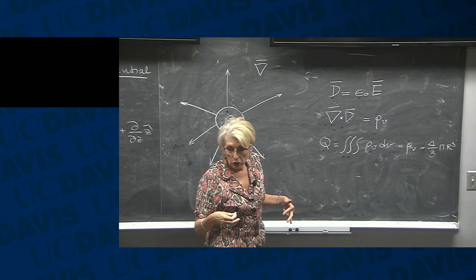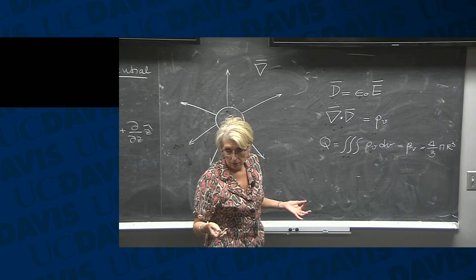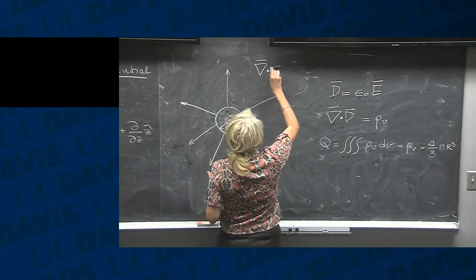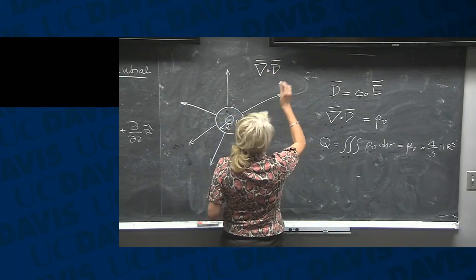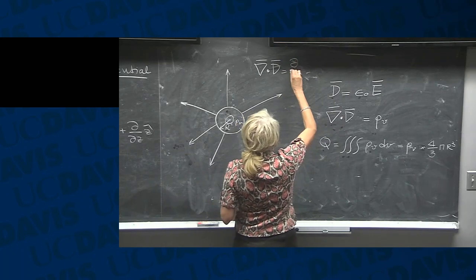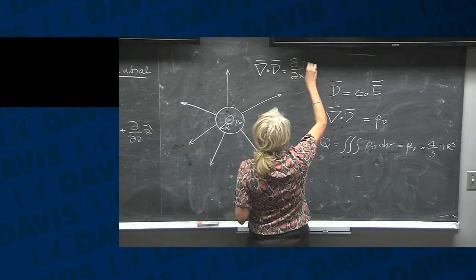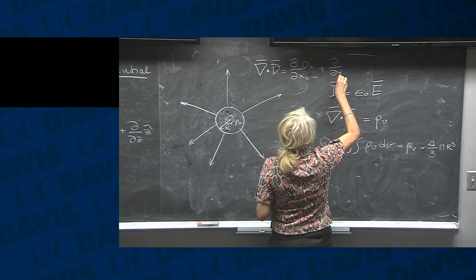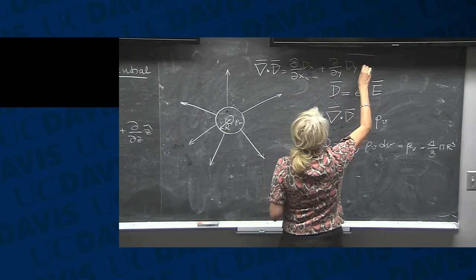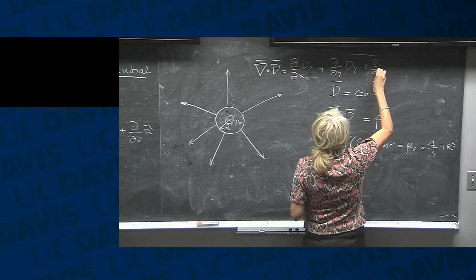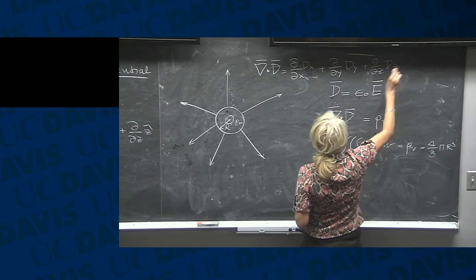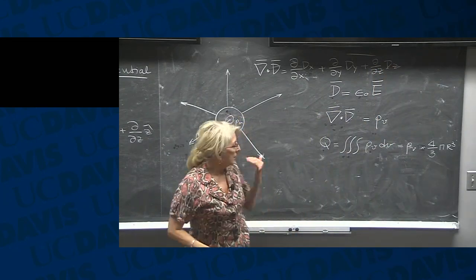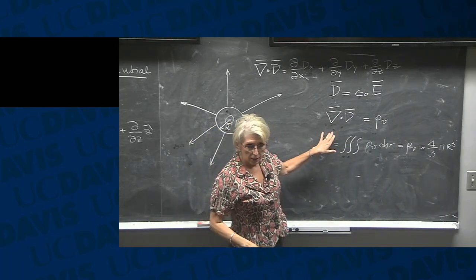We call it the divergence when it applies to a vector. And the divergence on this is nothing else but the x component d/dx plus the y component d/dy plus the z component d/dz. Okay? And the divergence is a scalar. That's why we have that here.